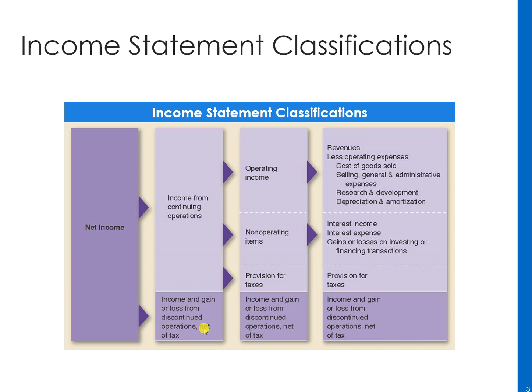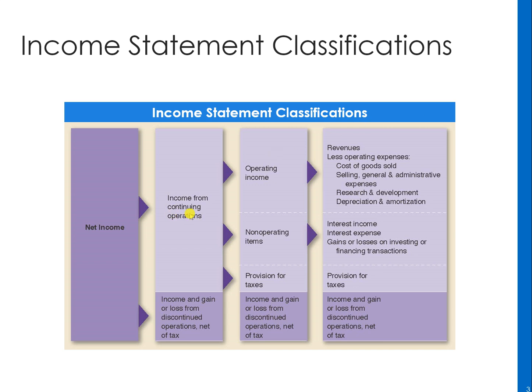And when we sell that division, there will be gain or losses. That is also reported in this section, net of tax. For sure, these income or gains or losses from discontinued operations will not persist into the next period because they have been discontinued. So what will persist? Income from continuing operations will persist in future periods.